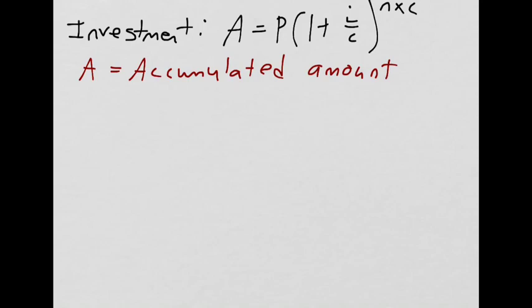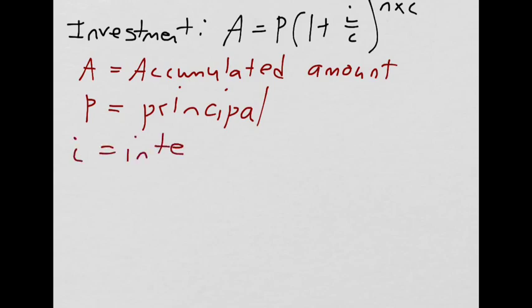It's how much it's worth after a certain period of time. P is your principal. That's how much you put into the investment. Okay, so if I give the bank $1,000 to grow at 3% or something like that, then that would be P. The amount of money that I start my investment at. I is the interest rate. That should be pretty obvious.